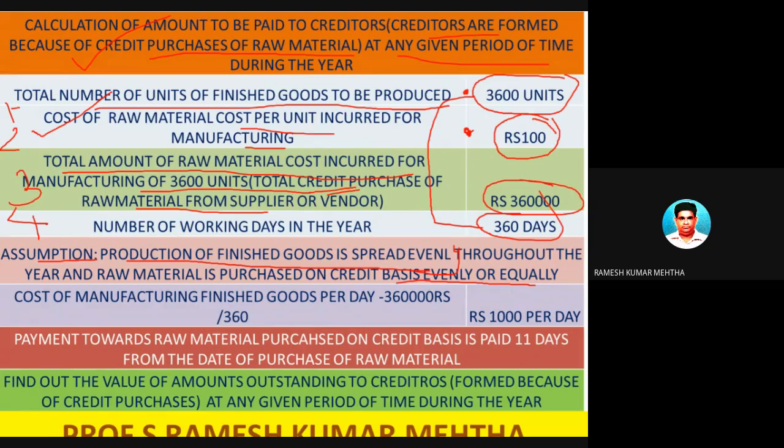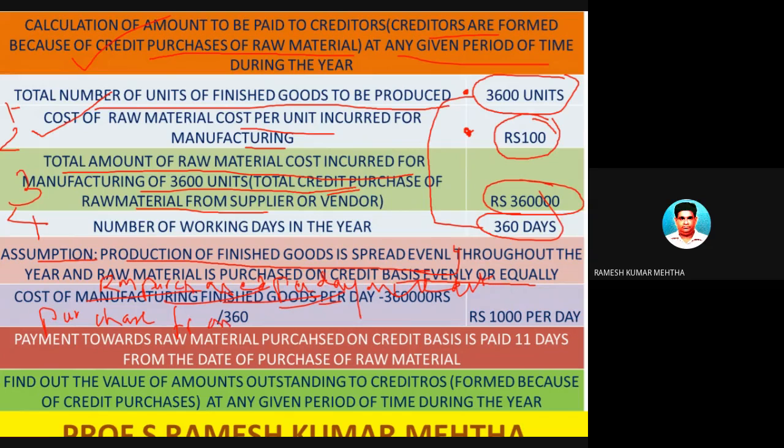Now we have to find out what is the raw material which has been purchased on credit basis. There is a small change: cost of raw material purchased per day on credit basis from creditors.